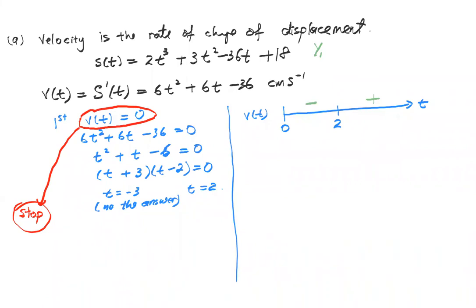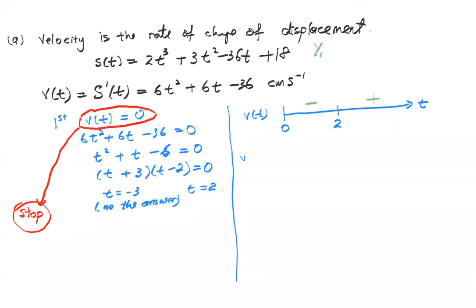Okay, so now, how do you interpret the negative sign and the positive sign for the velocity? What does velocity tell you about the motion of the particle? Yes, thank you. The sign of velocity gives you the direction.